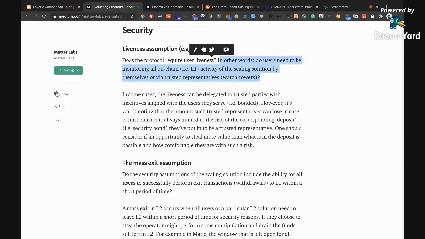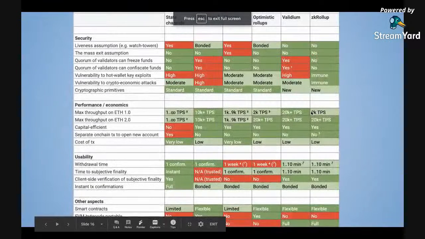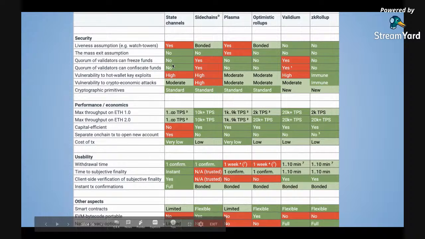This implies what you're saying, but something slightly different. Basically, to know that things are working correctly, you have to look at all the data, whereas with the others there's enough metadata on the mainnet that you don't need to watch everything, something like that.